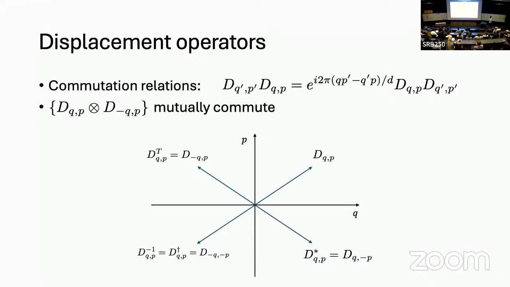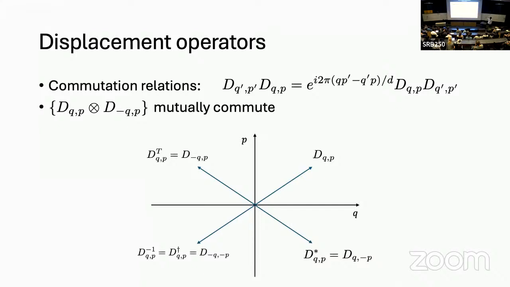And what you can realize by looking at this commutation relation is that it's no longer true that D tensor D always commutes with D prime tensor D prime, right? Because if I braid the first two and the second two, before, (-1) squared was equal to +1. But here, I have a phase, which if I square it might not equal +1.